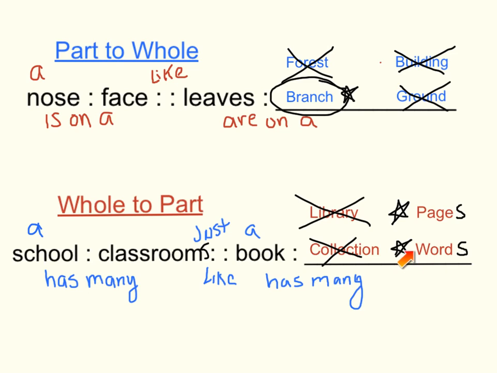Words tend to go on the page, just like students might go in a classroom. So I'm thinking, through my powers of deduction, that words is not the right one here, and that we need to go with pages, because it makes more sense with classrooms. And that is how I would figure that one out.